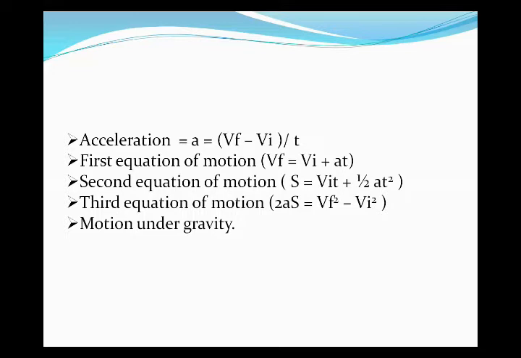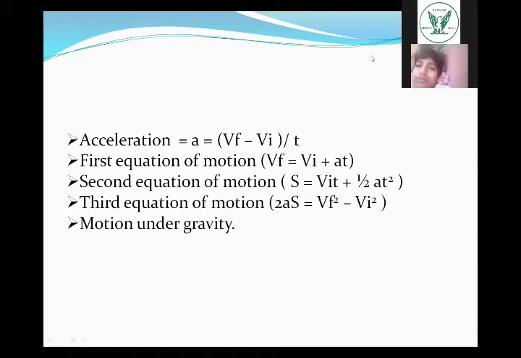Now, the second equation of motion is S is equal to Vi t plus half a t squared. Here S means distance, Vi means initial velocity, t means time, 1 upon 2 is a constant value, a means acceleration, while t squared means square of the time.